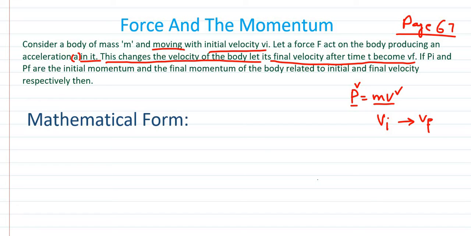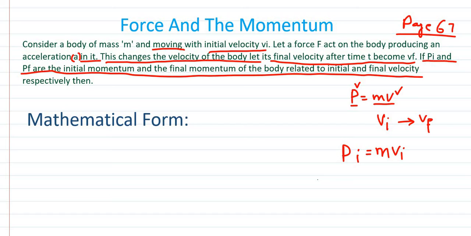The momentum for initial velocity, mvi, is called initial momentum Pi. If Pi and Pf are the initial momentum and the final momentum of a body related to initial and final velocities respectively, then velocity is changing from initial to final, so its momentum is also changed from initial to final.